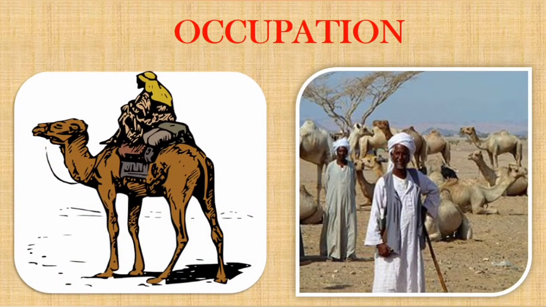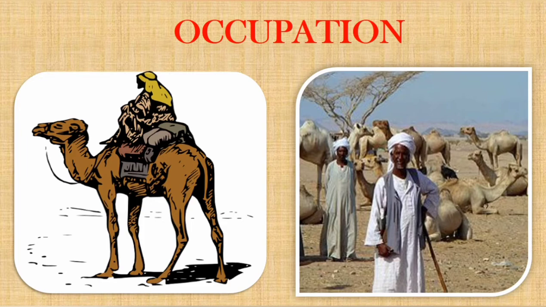Now let us know about the occupation of the people in the desert region. The people who live in the desert region are mostly nomadic tribes. What is meant by nomadic tribes? The nomadic people, nomads.